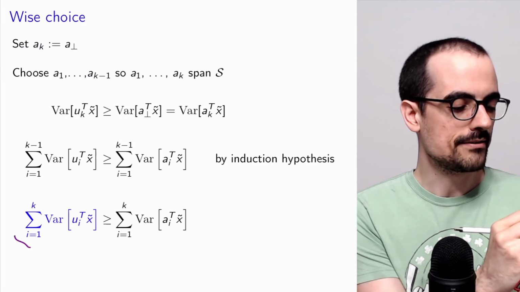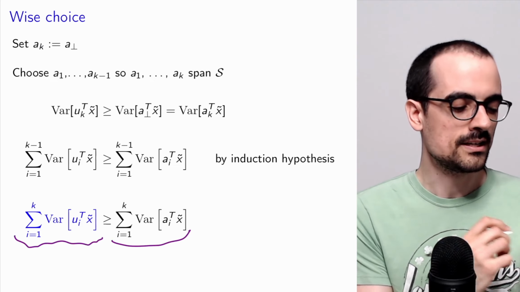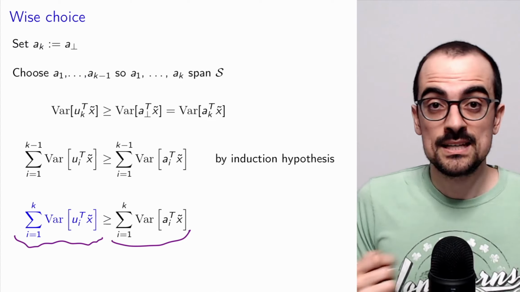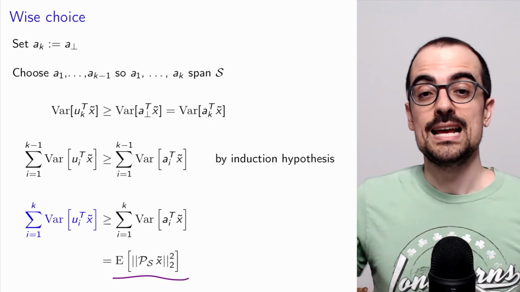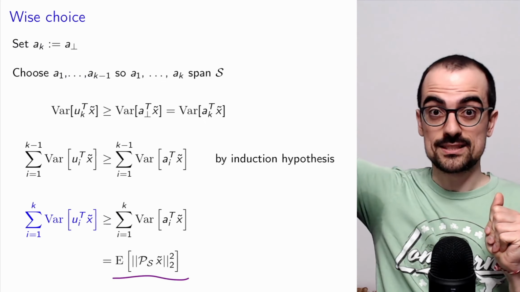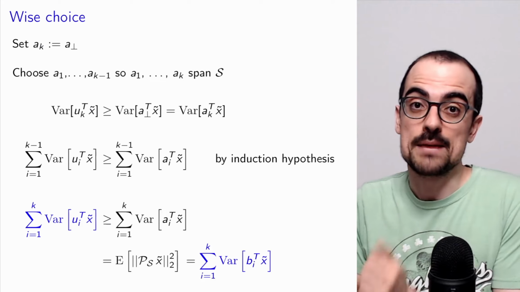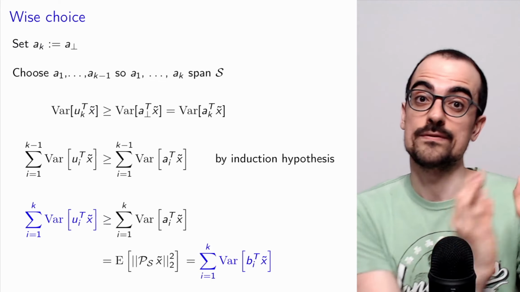The sum of the variances captured by the first k principal directions is greater or equal to the sum of the variances captured by a1 to ak. But this is just equal, as we showed before, to the mean L2 norm of this projection onto that subspace, which in turn is equal to the sum of the variances captured by b1 to bk, which is this arbitrary set of k vectors that we fixed at the beginning.